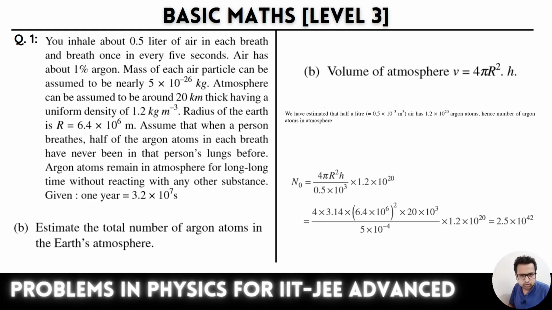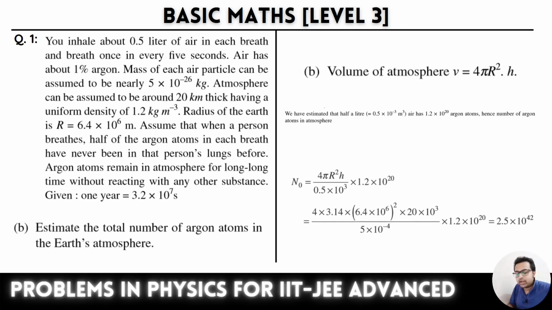There are two ways to calculate it. The first is to calculate the volume of the outer sphere, calculate the volume of the inner sphere, and subtract: from the outer sphere take out the inner sphere. The remaining volume is the volume of the atmosphere. But this is a lengthy process because you have to calculate 4 by 3 pi r cube.